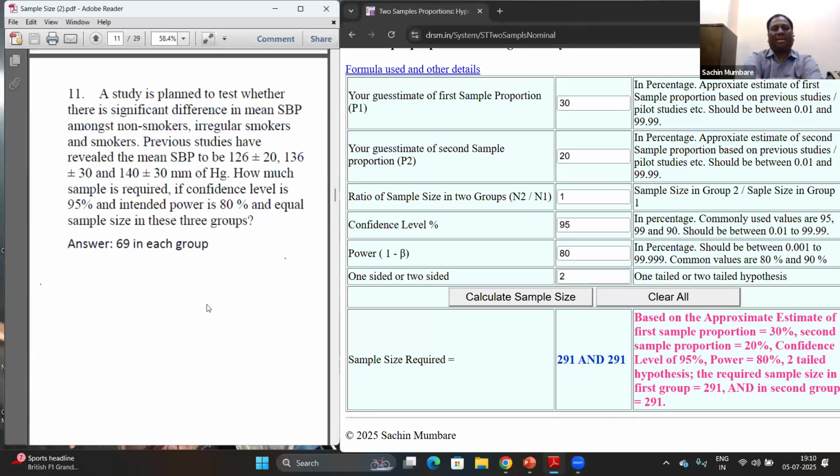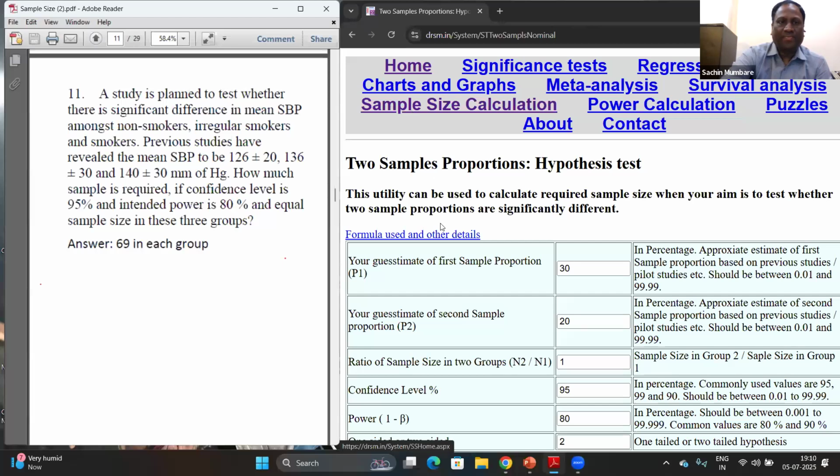Which test will you apply here? One way ANOVA. That's correct. The ANOVA test will be used, and how do we calculate the sample size if your objective is to test the significant difference between more than two means where you intend to apply ANOVA.